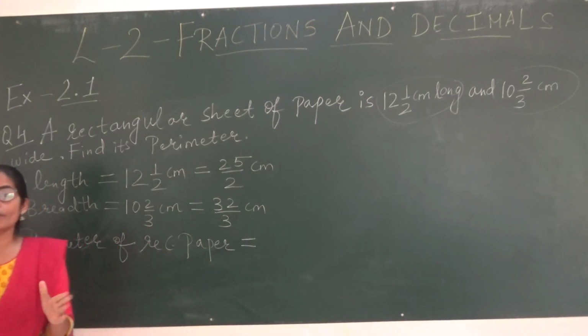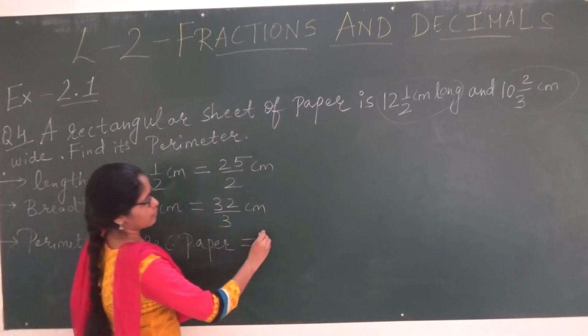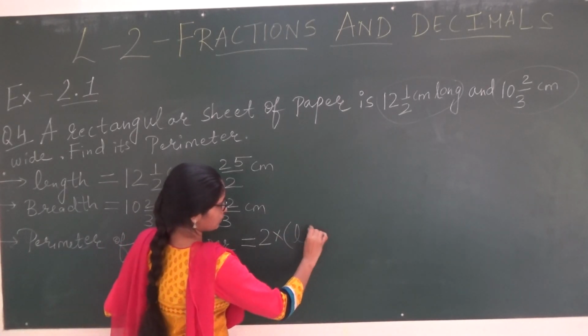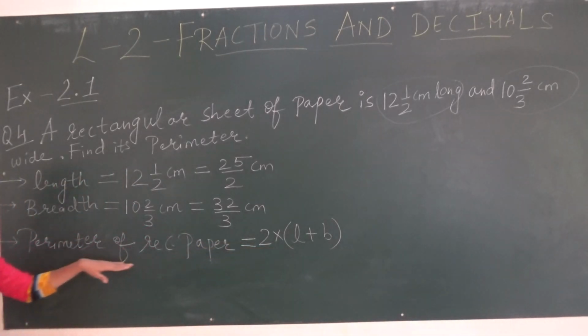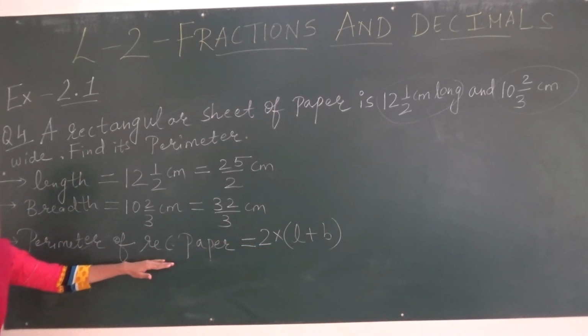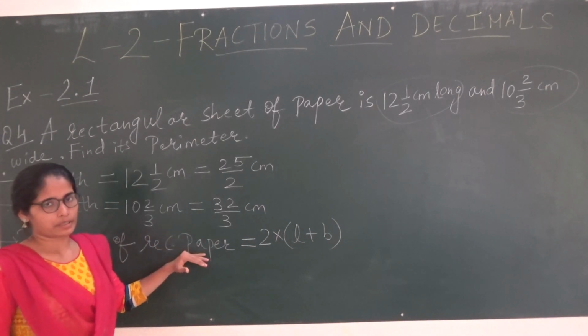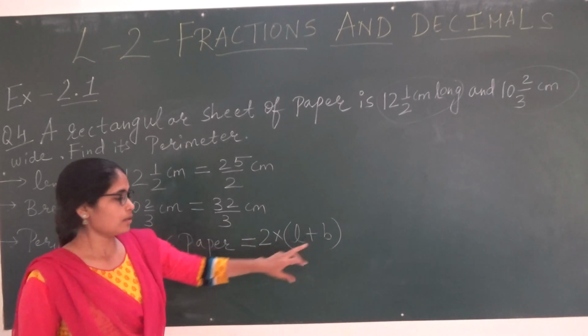And what is the perimeter of a rectangle? 2 times (length plus breadth). This is our formula: 2 multiplied by bracket length plus breadth. Here we are talking of rectangular paper, the shape is a rectangle.